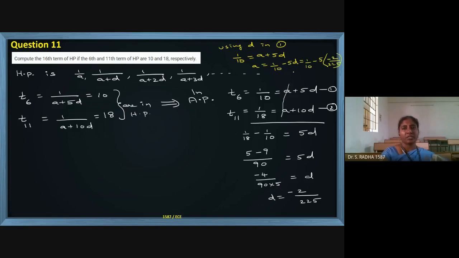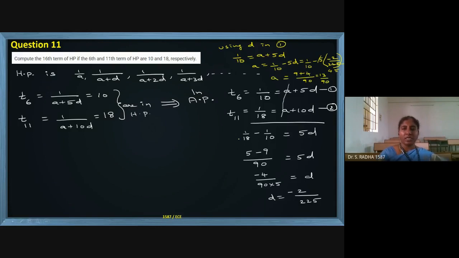If you have any doubts, you can speak out. Now I am cancelling this with 5. The denominator we have 45 as the LCM. If I take 90, it becomes 9 plus 4, and 13 by 90 is the a value.